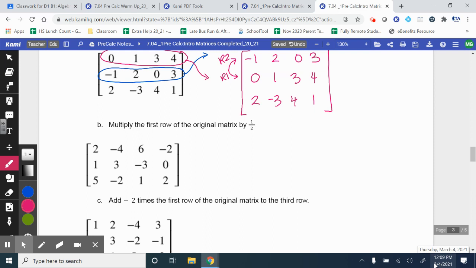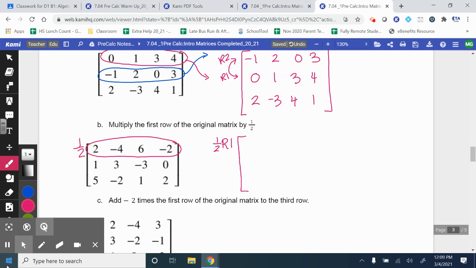Letter B, multiply the first row of the original matrix by 1/2. Again, when you're doing it, I want you to label it on the new matrix. So 1/2 times row 1. Now I'm going to take everything here and multiply it through by 1/2.